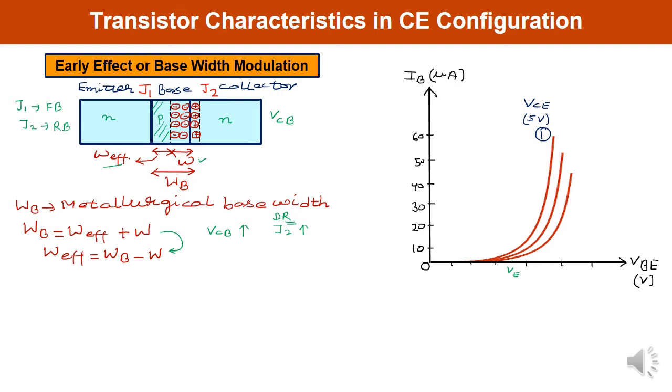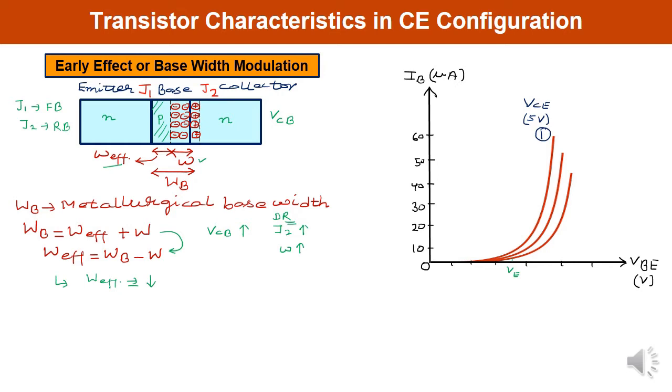Now this W will increase, and when W increases, W effective will decrease, because WB is fixed.